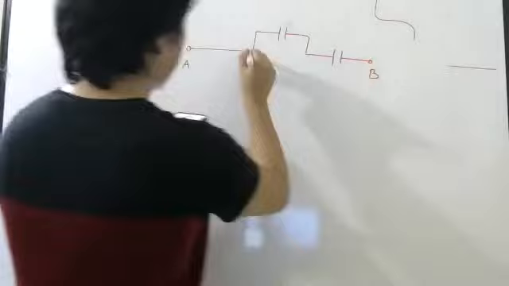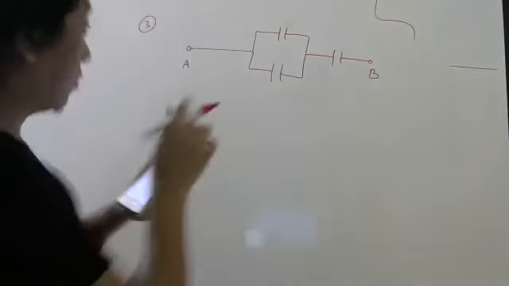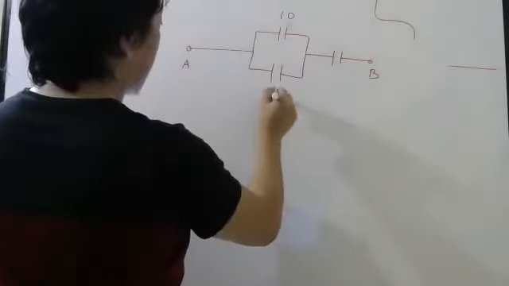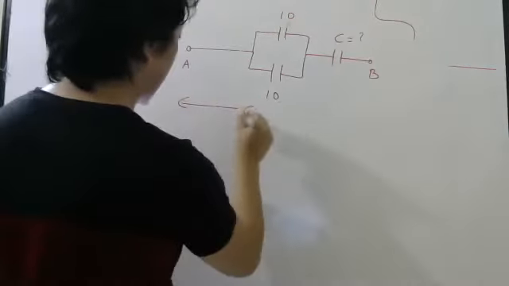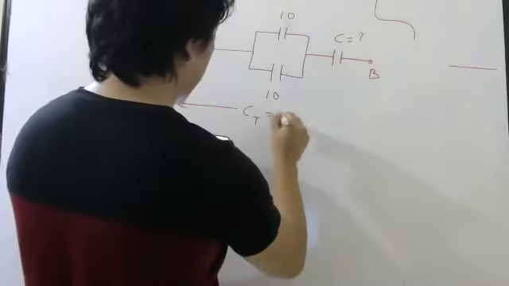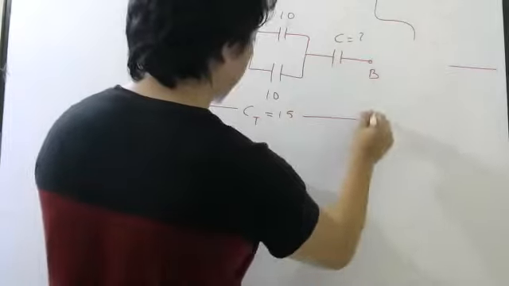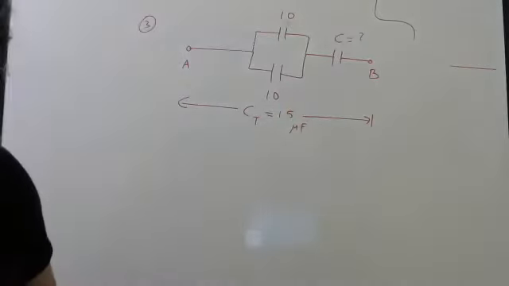This is B. So this is 10 microfarad. This is 10 microfarad. This we don't know. And total capacitance they have given. Total capacitance between A and B is given 15 microfarad. I'm not writing the units, but you should know units will be always there.